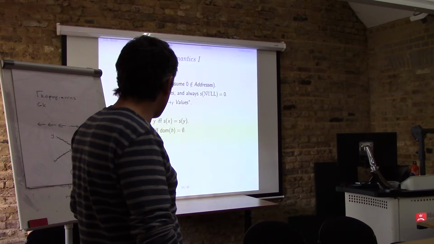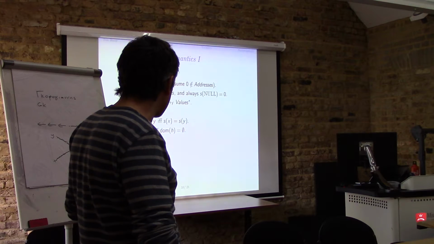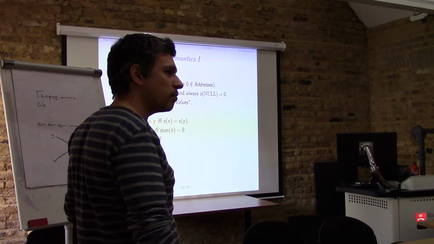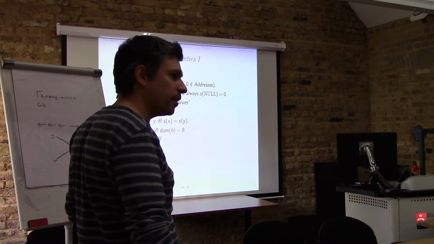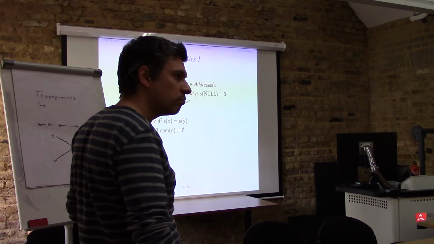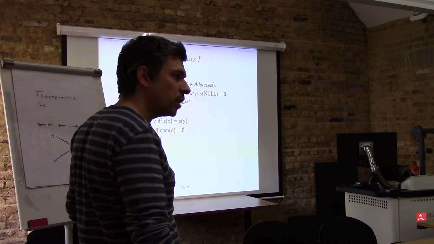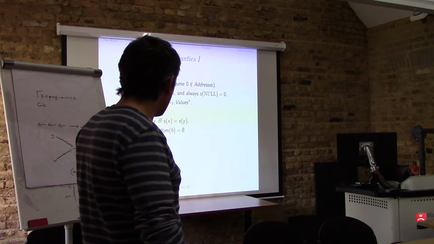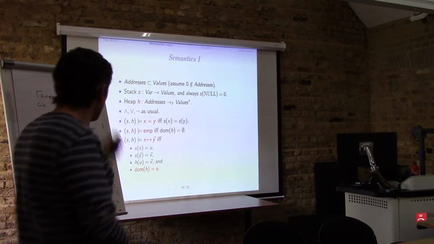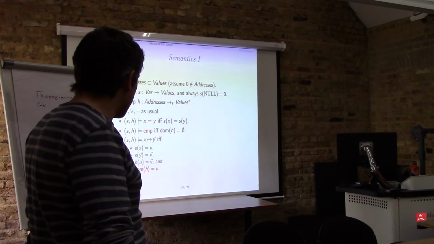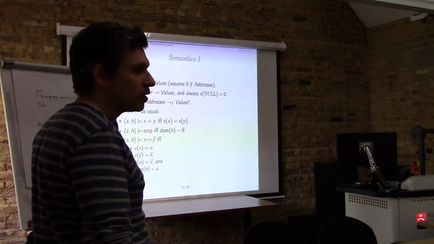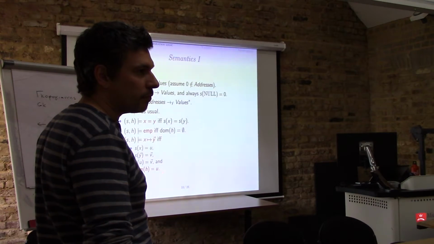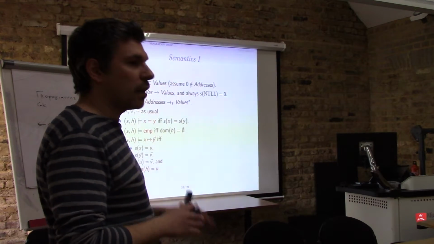And if I pass u through the function h, I get back exactly the tuple v. And finally, and that's very important, the domain of h is a set that only contains u. So nothing else is allocated.